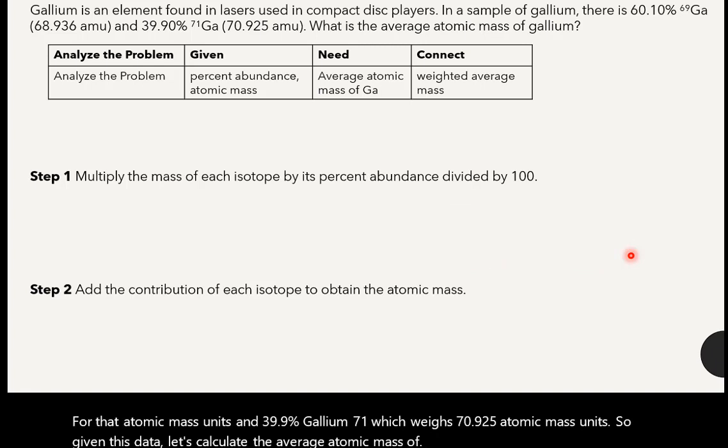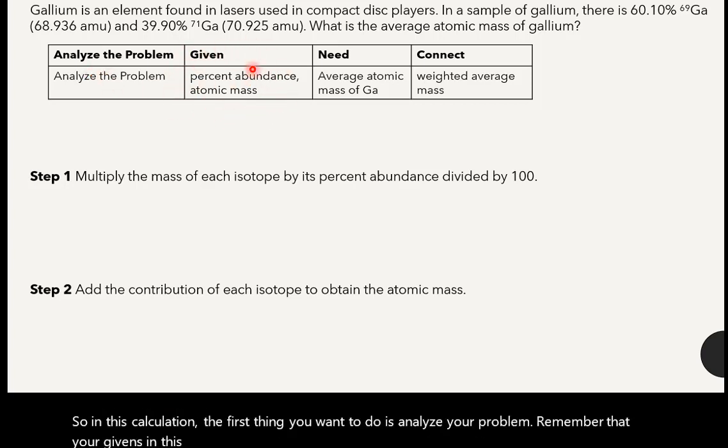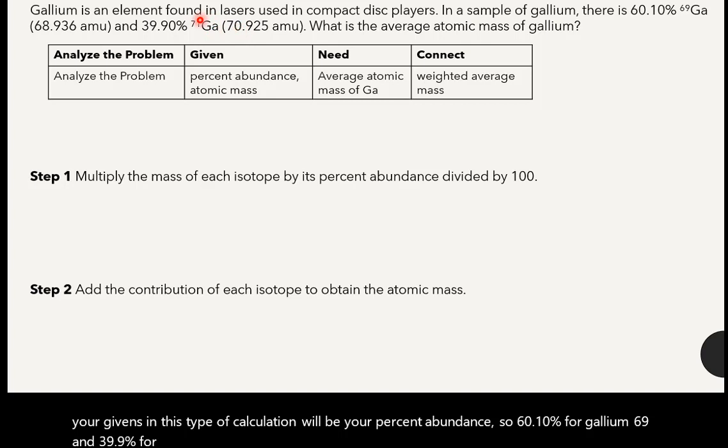In this calculation, the first thing you want to do is analyze your problem. Remember that your givens in this type of calculation will be your percent abundance, so 60.10% for gallium-69 and 39.9% for gallium-71.